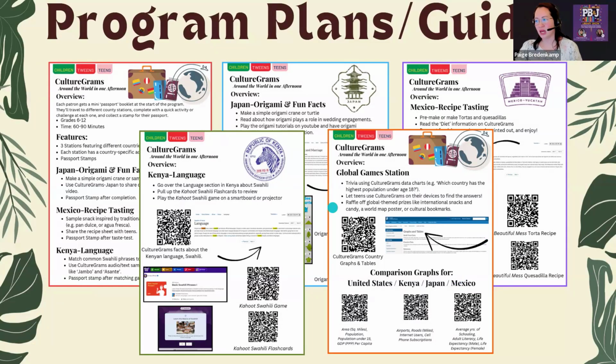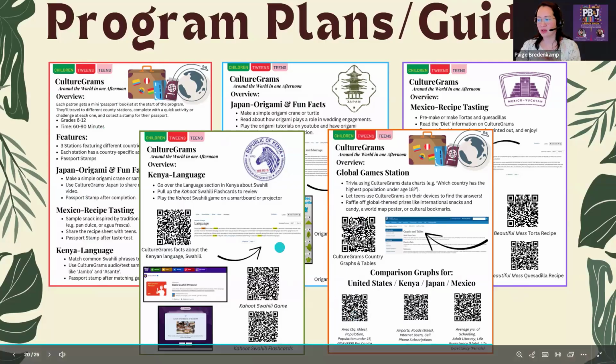But this is for the librarians to use. This is my version of teacher guides or lesson plans, and it really just explains what each station has, what you need to do, and has all the QR codes for you that you can copy or print out, and that way it'll link you to the correct pages.